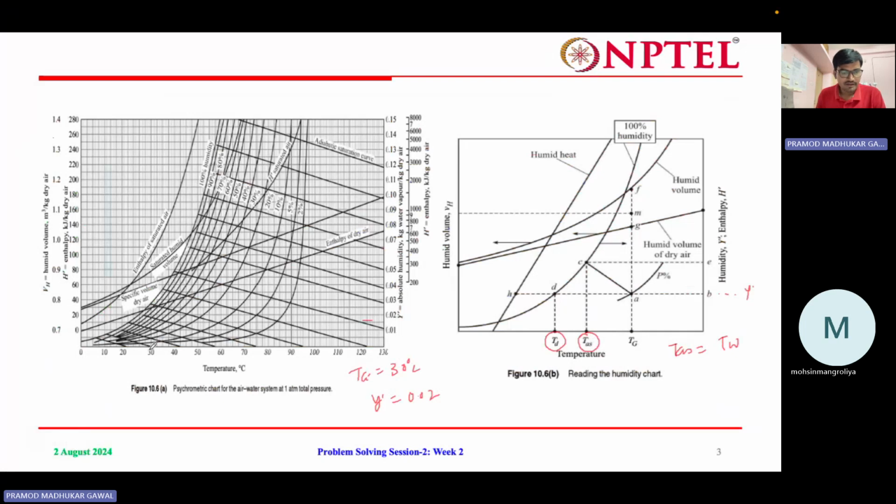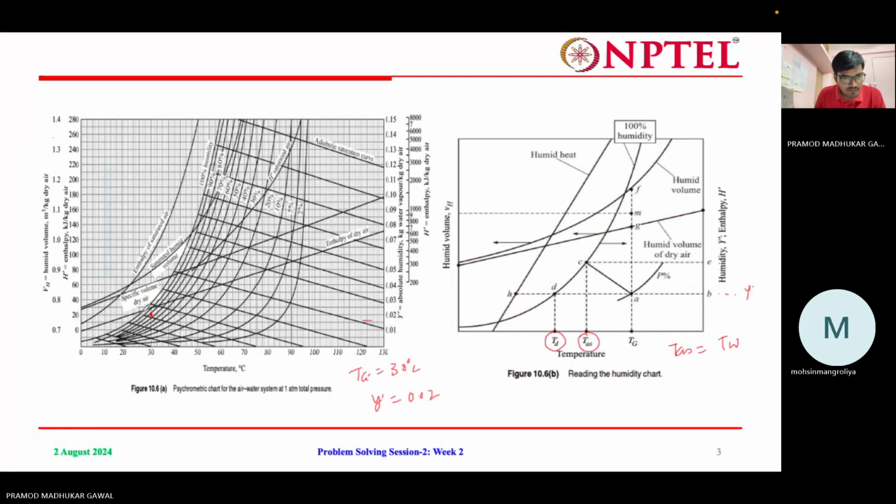Here is 30 degrees; go upward. Now here is 0.02 kg of water per kg of air. Go through it. After that, we have to draw the line parallel to the adiabatic saturation curve, like this one.